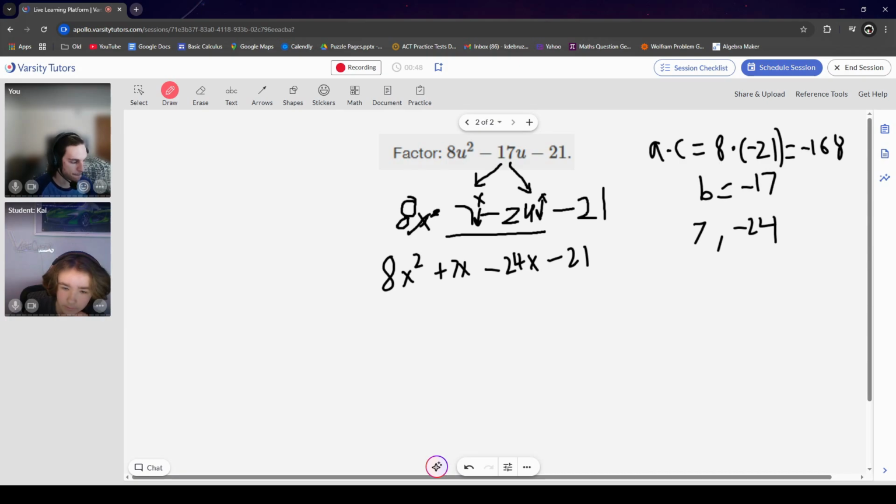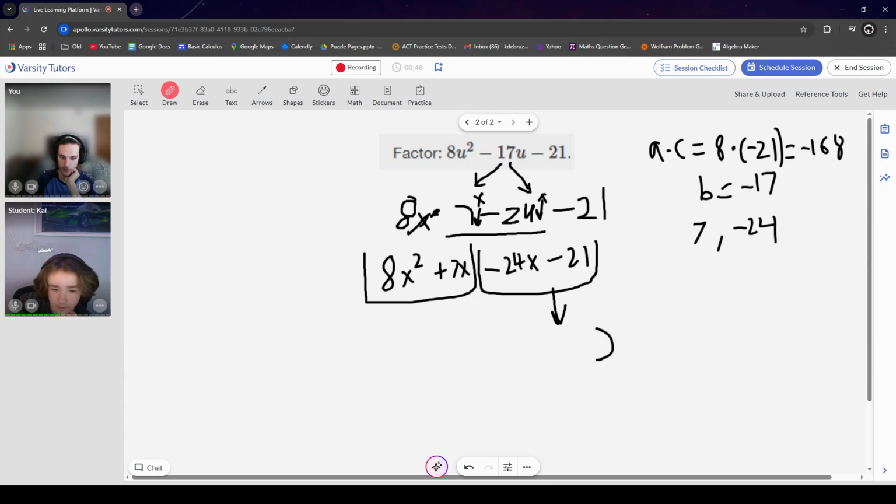All right, so what's the next thing we should do? Take these segments and find the greatest common factor between them.